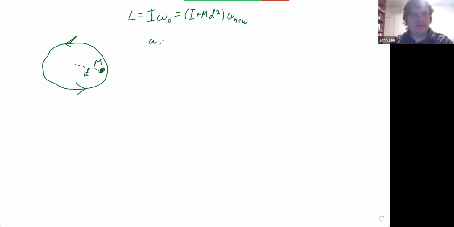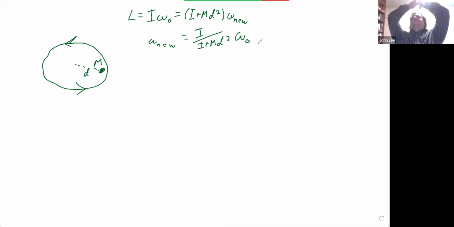So omega new is going to be I divided by (I plus m d squared) times the omega naught. So it's going to be somewhat smaller than the initial velocity.